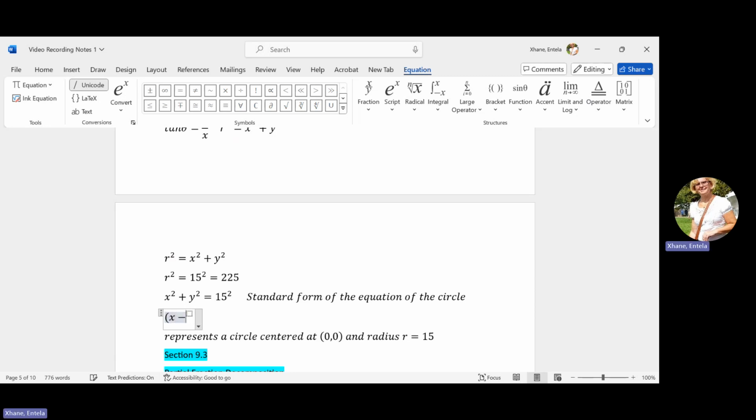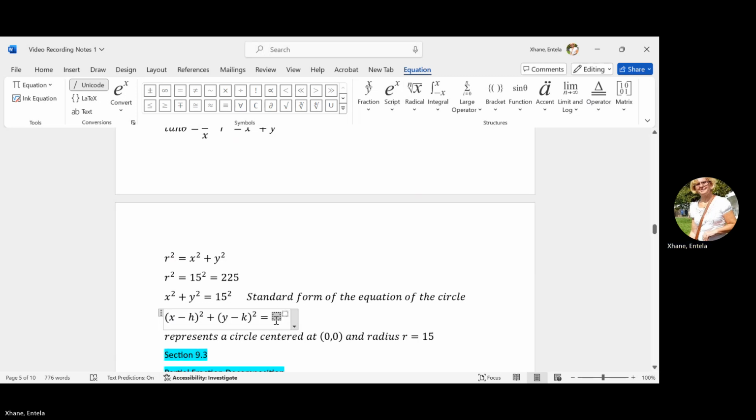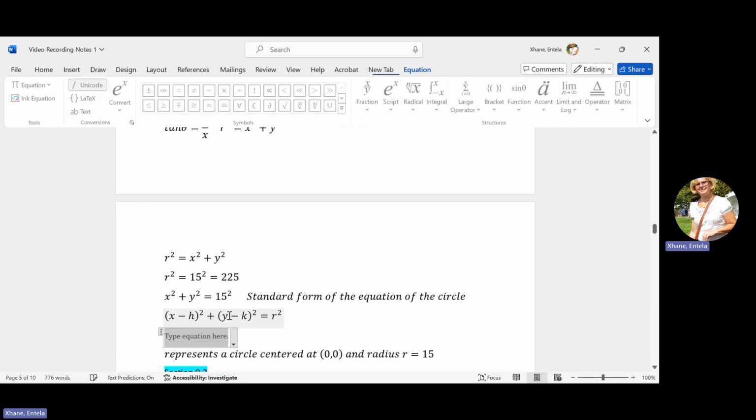It's x minus h to the second plus y minus k to the second equals r to the second. Now these elements h and k represent the coordinates of the center.